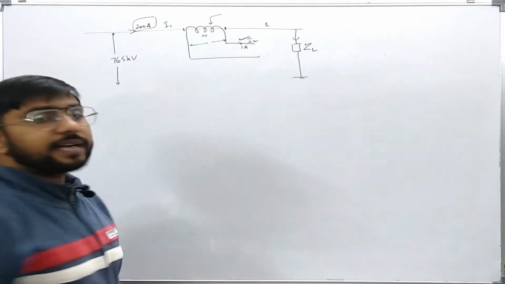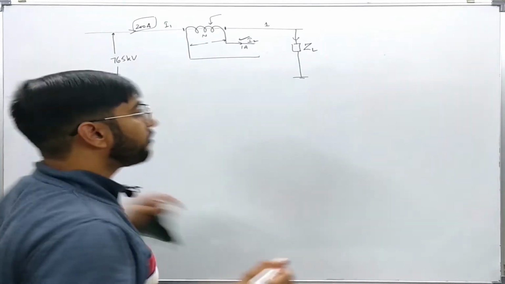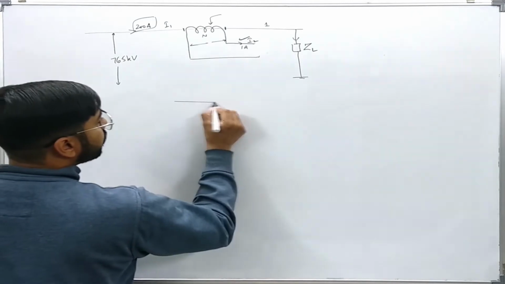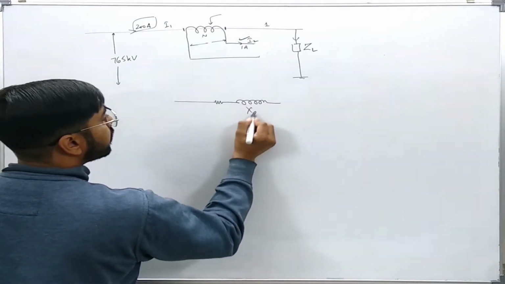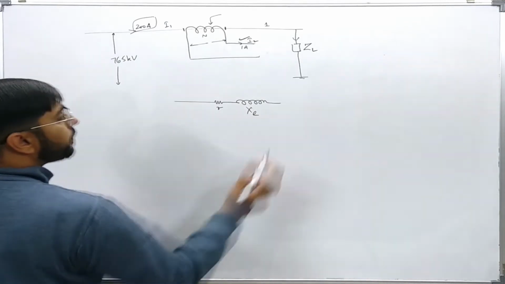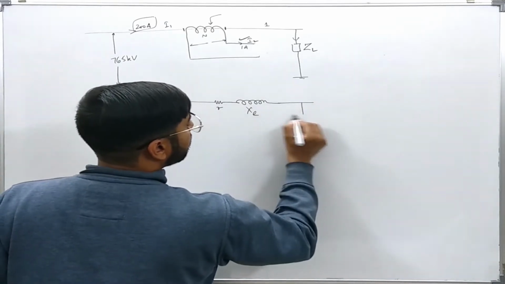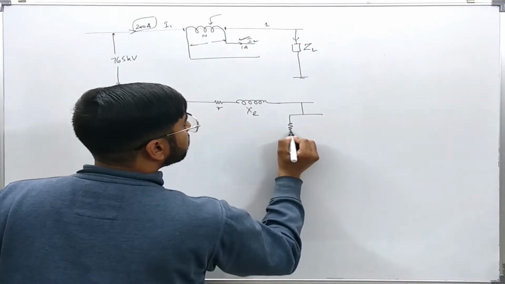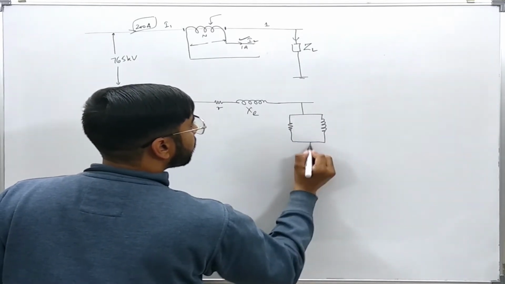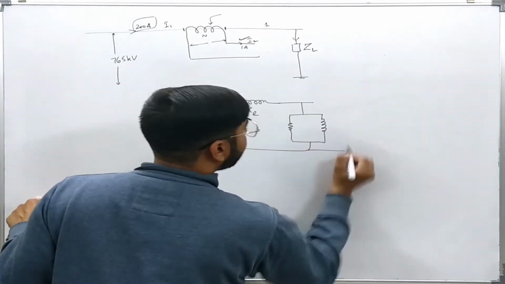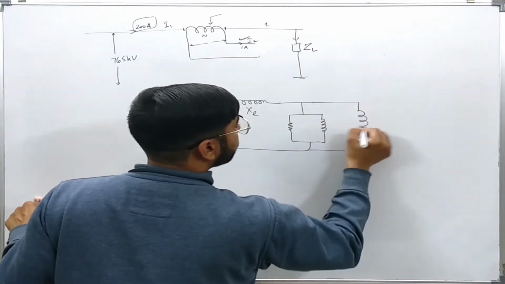When we draw the equivalent circuit diagram of a transformer, we show the resistance, the leakage reactance, the core loss component, the magnetization component, and this is the ideal transformer.